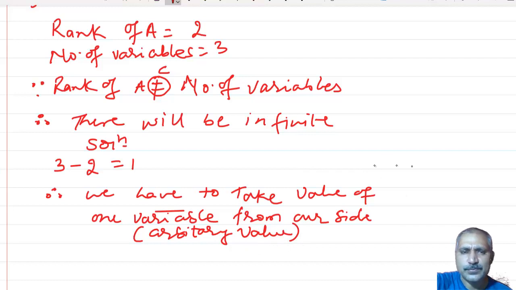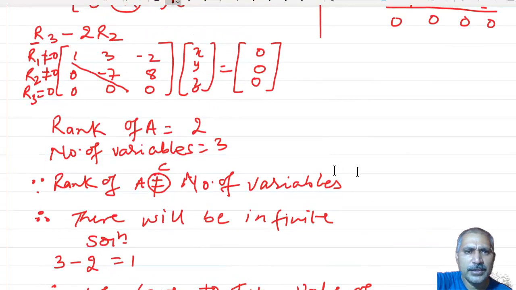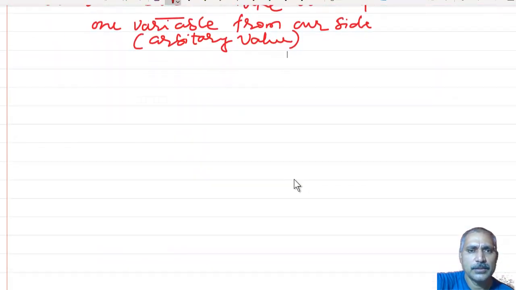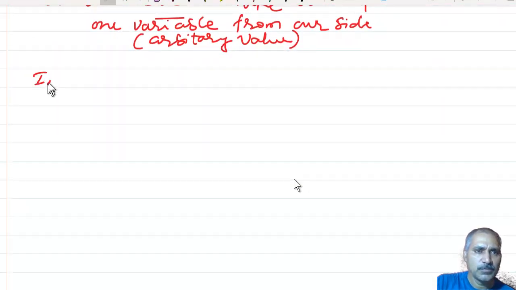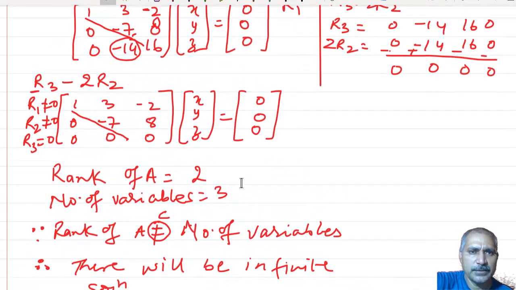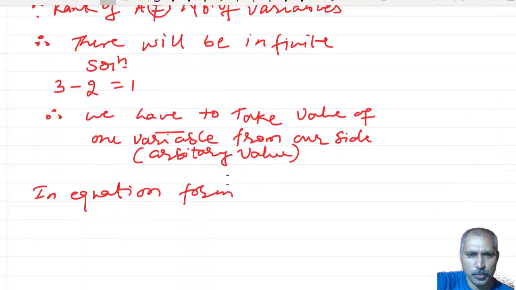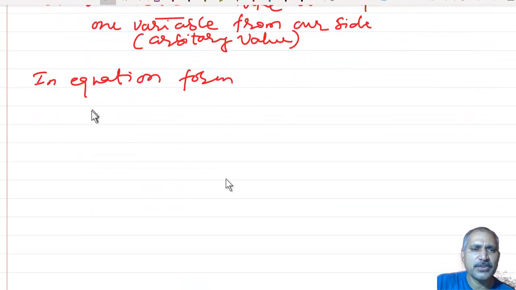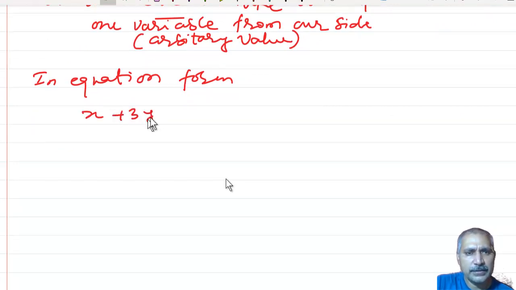Now let us write the equations in equation form. The first equation will be from row number 1, with coefficients 1, 3, minus 2, that is x plus 3y minus 2z is equal to 0.